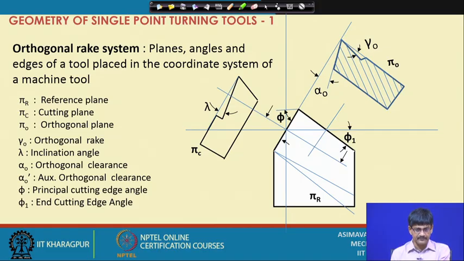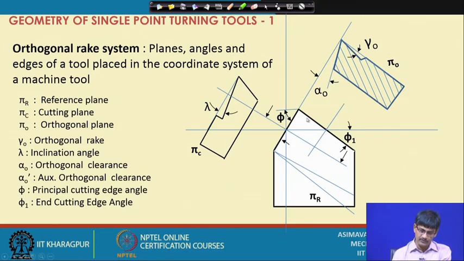All right. So, after learning about this, mind you, you might say you have not mentioned anything about the auxiliary flank. On the auxiliary flank also we can make a section like this perpendicular to it.